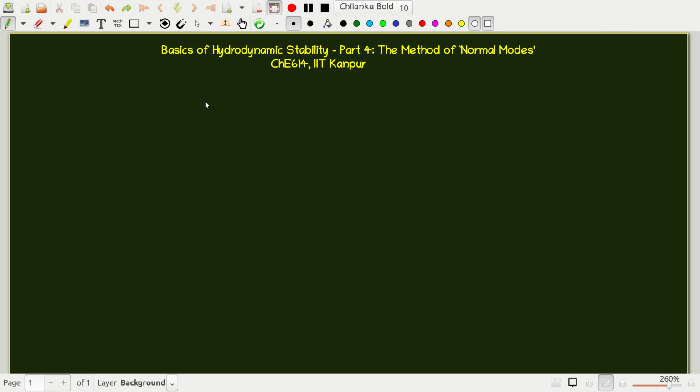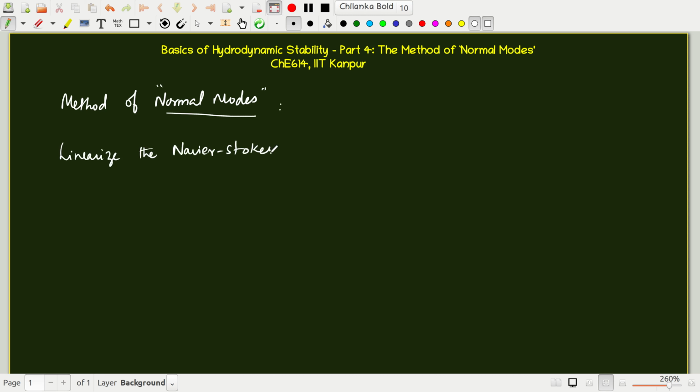What we were trying to do in the last couple of modules is to introduce you to the so-called method of normal modes. The idea here is that when we linearize the Navier-Stokes equation, why are we linearizing it?